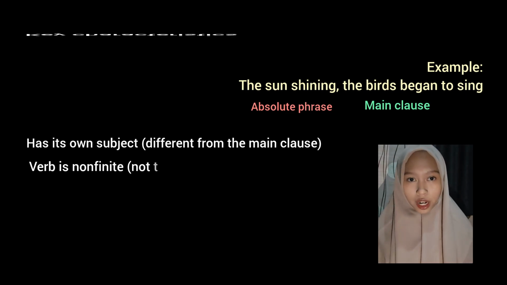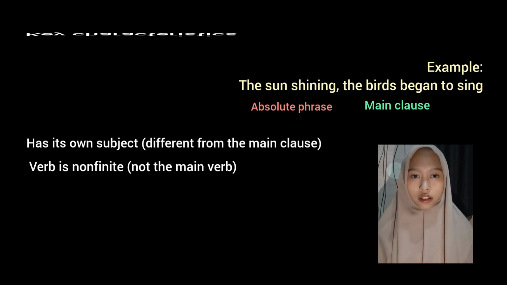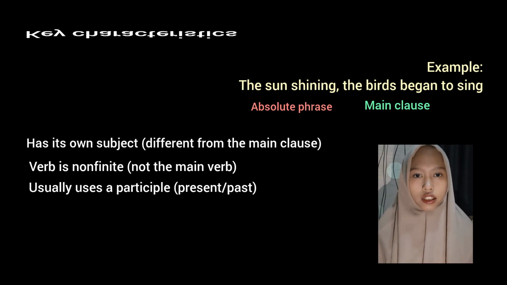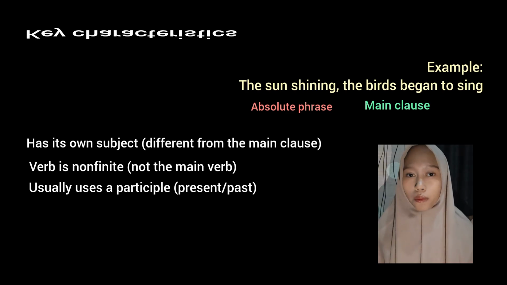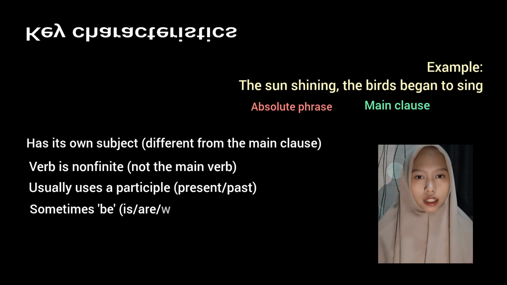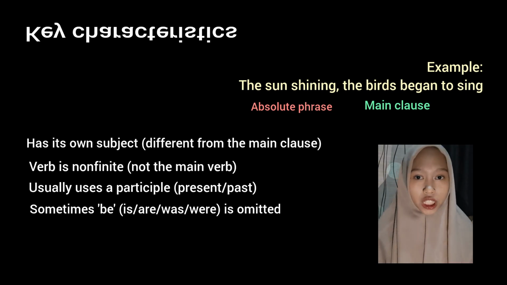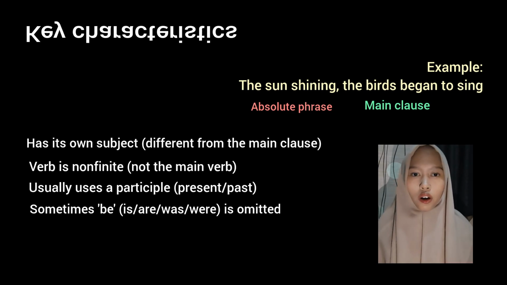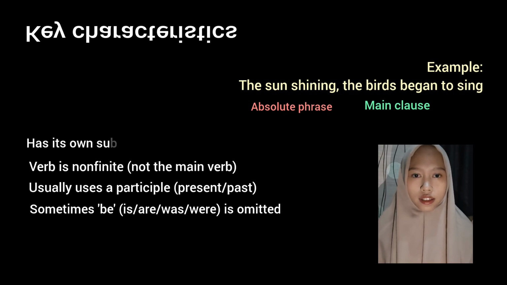The verb in the phrase is non-finite, meaning it's not the main verb of the sentence. Usually, it appears in the form of a present participle or past participle. Sometimes the verb be, like is, was, or were, is even omitted to make the sentence smoother and more natural.